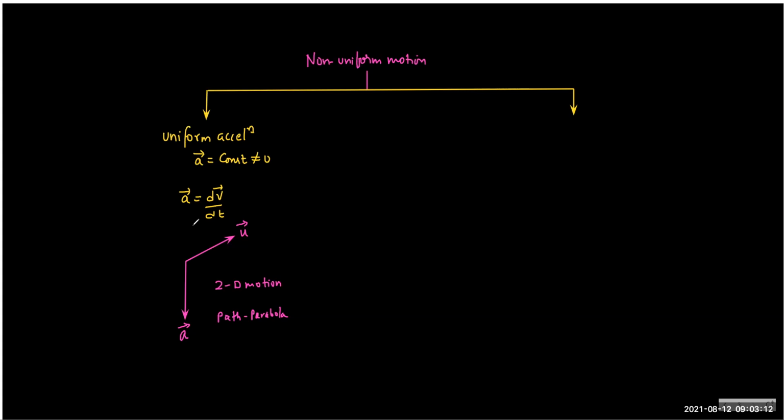Now what happens if a and u are collinear? Either this way, it's also collinear, or you can say parallel, or even the same direction. You can say this way also. Whatever be the case, when the acceleration vector and u vector are collinear, this will result in one-dimensional motion.